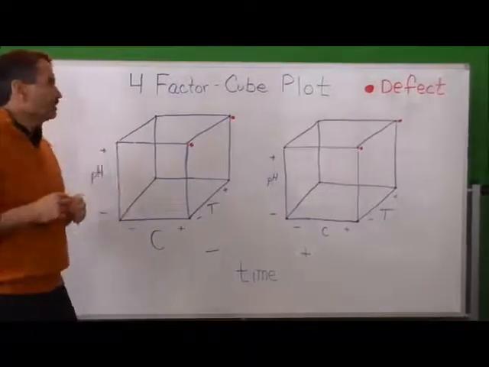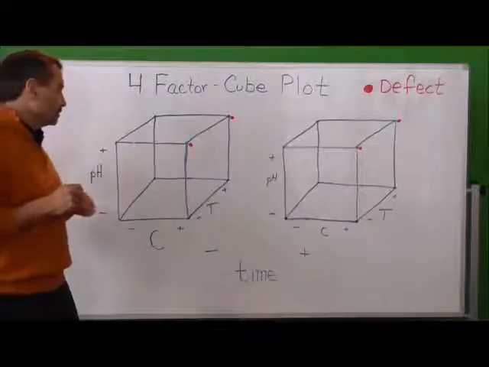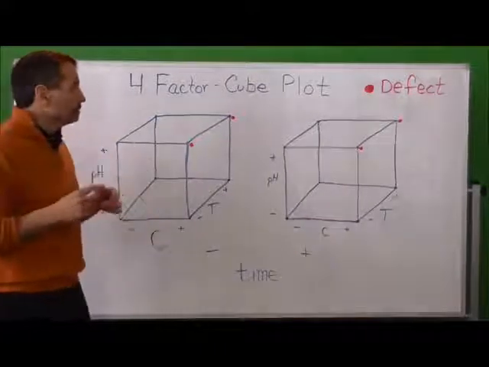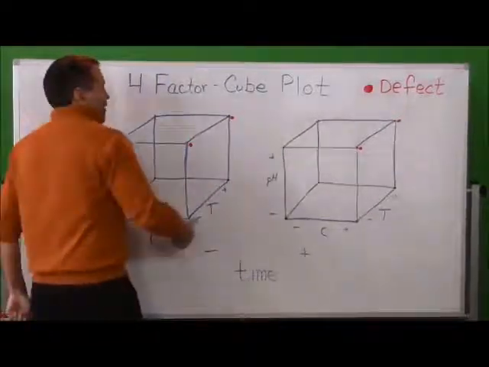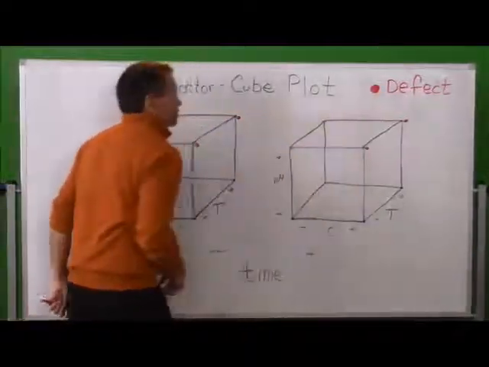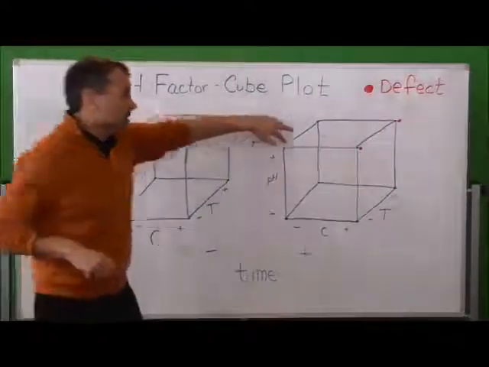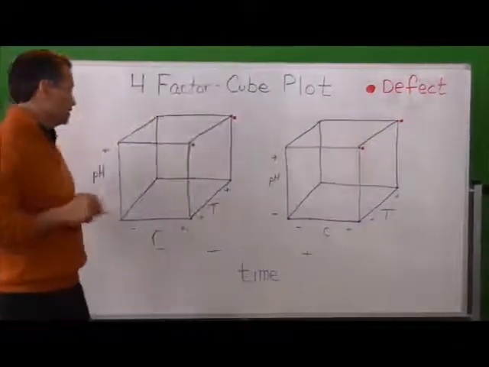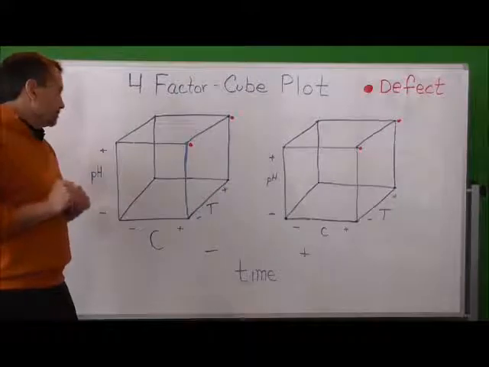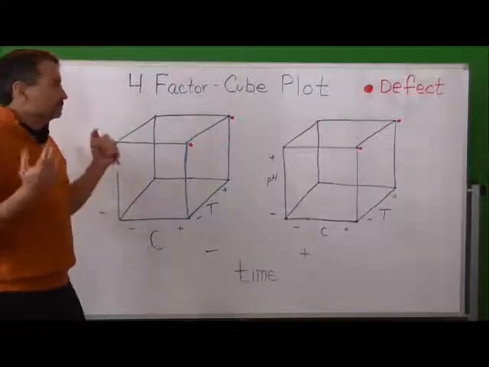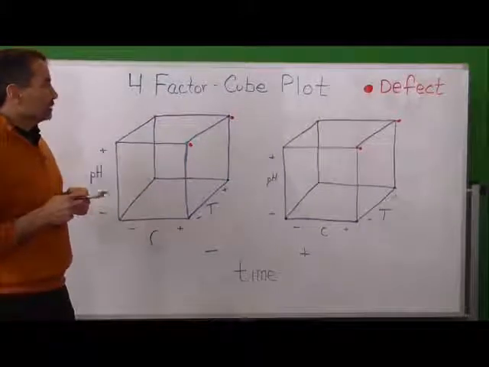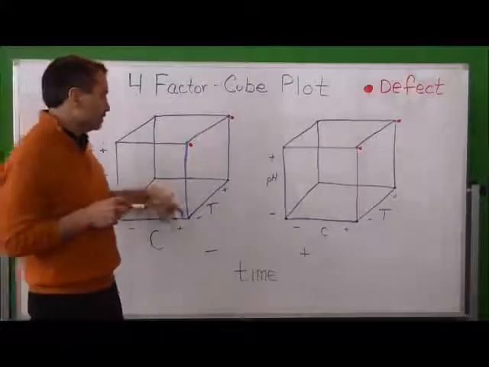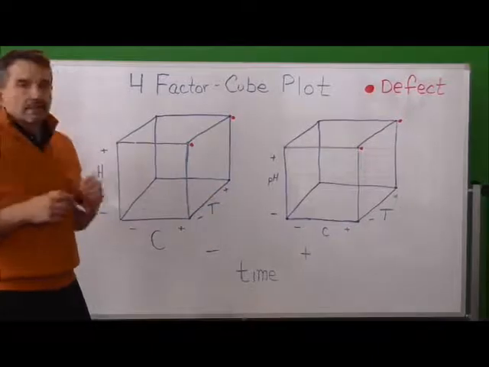Notice that with this finding, a couple factors probably didn't come into play. Number 1 being the time. When you went from a negative to a positive, the time still showed up with the defects, at the pH of plus and a concentration of plus. So the time was not a factor. And the way I drew it up here, the temperature was probably a non-factor too.